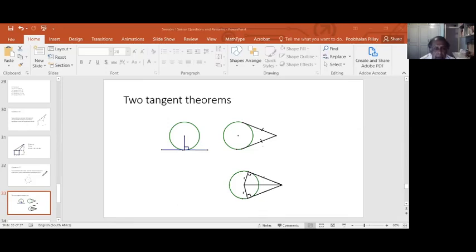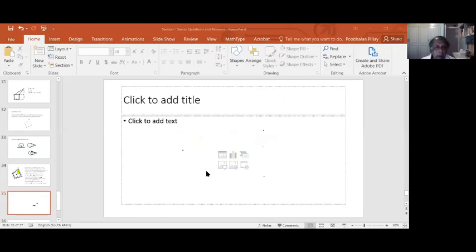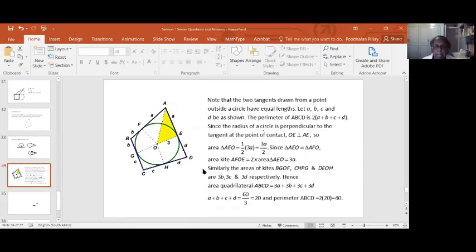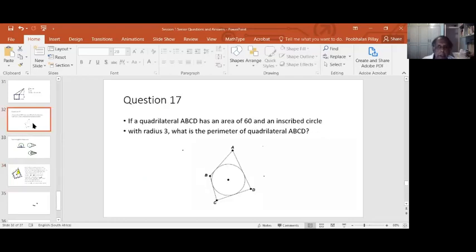Okay, so let's go back to that one. To solve this problem, it's natural now from what I've just said to join the center of the circle to the points of contact, because we know that these lines are perpendicular.